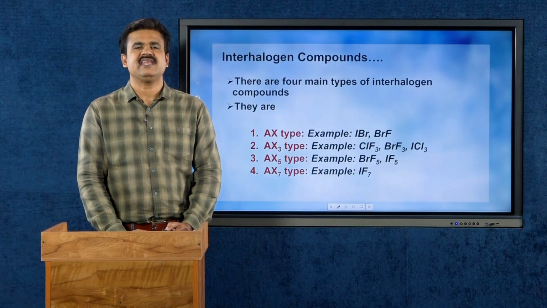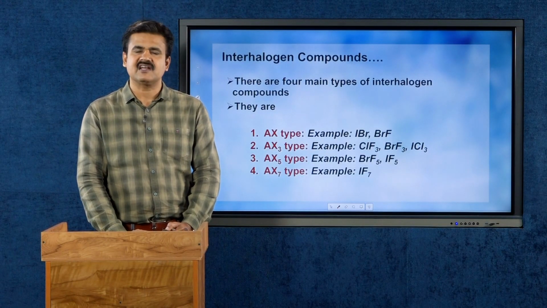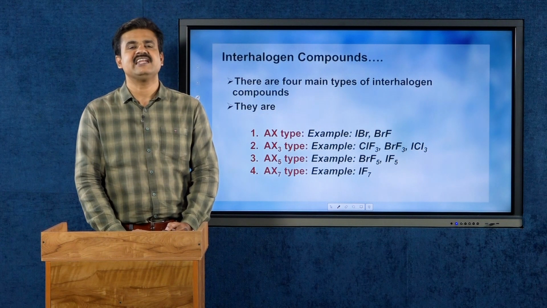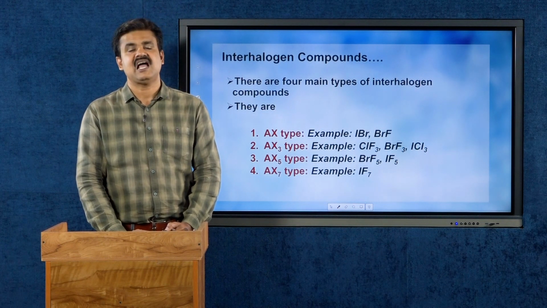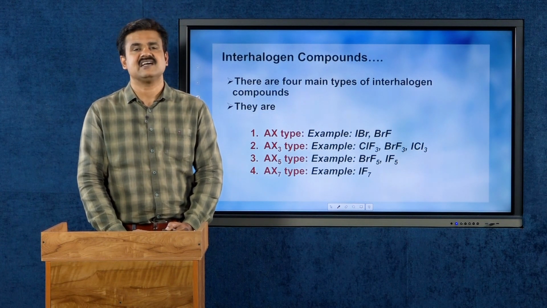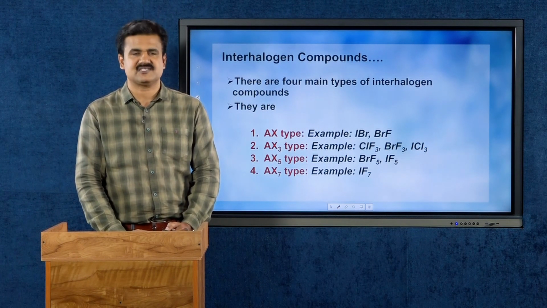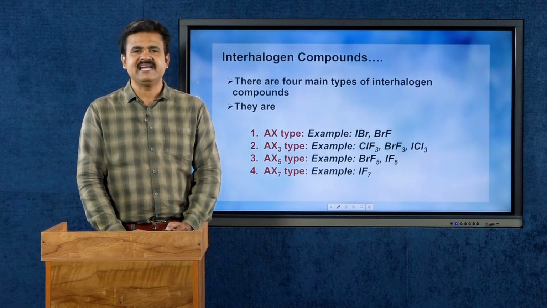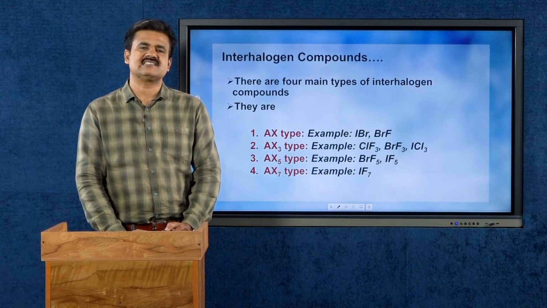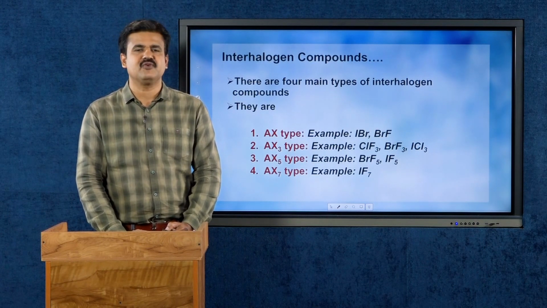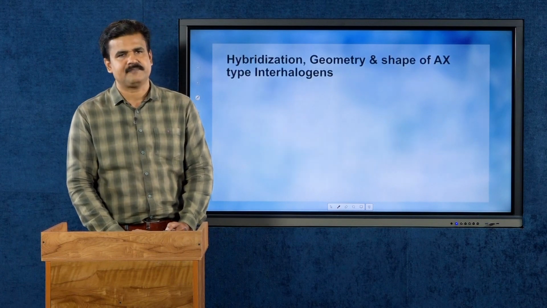Only one AX7 type interhalogen compound is known, that is iodine heptafluoride. This is because iodine is the biggest sized halogen among reactive halogens and fluorine is the one with the smallest size. So, iodine can extend its valency up to 7 to form iodine heptafluoride.